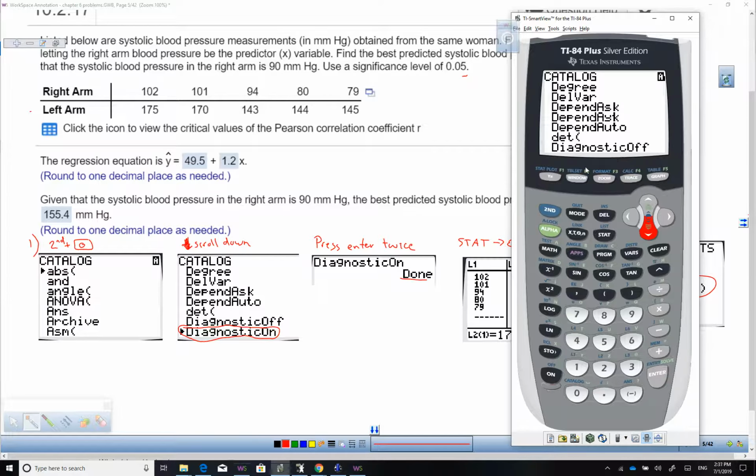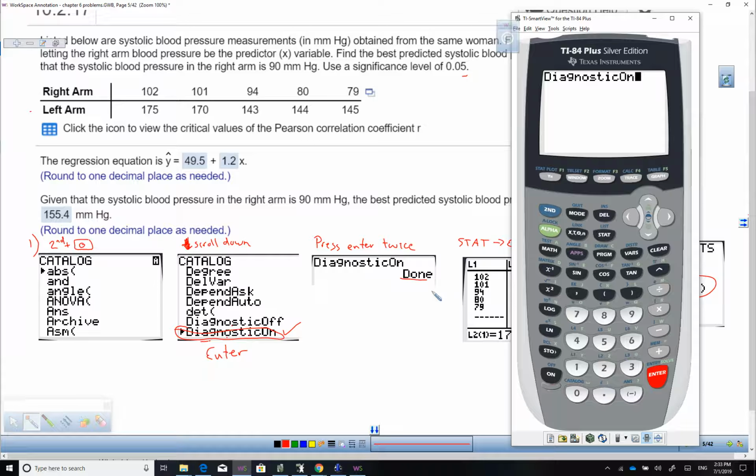When you find this option right here, you press enter. Press enter, and then of course you have to press enter again.